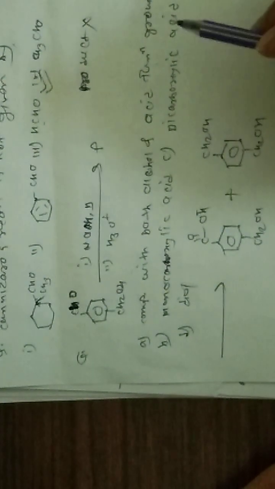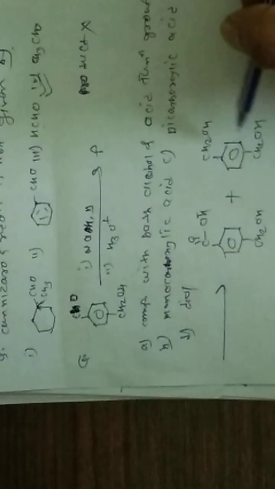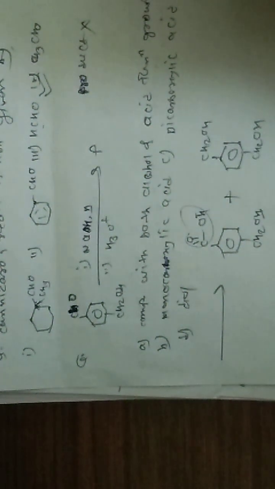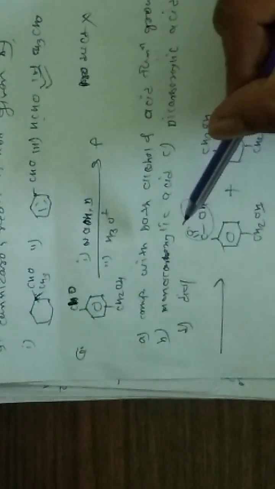Is there any product with both alcohol and acid functional group? Here one alcoholic group and one acidic group are present, so the first option is correct as a product, because one product among these two has both alcoholic and acidic functional groups. Now the second option, monocarboxylic acid: yes, this is a monocarboxylic acid.